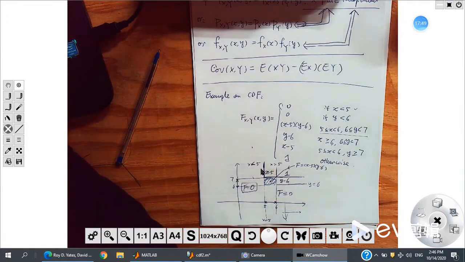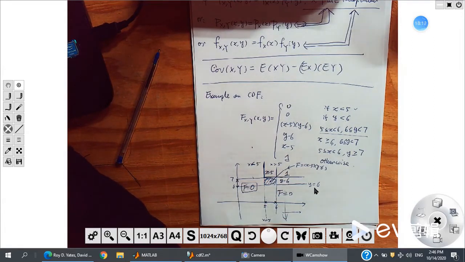Totally, the whole space I separated as 9 pieces, right? 1, 2, 3, 1, 2, 3, 1, 2, 3. In the middle, x is between 5 and 6, y is between 6 and 7. The upper part, y is larger than 7, and the lower part, y is smaller than 6.